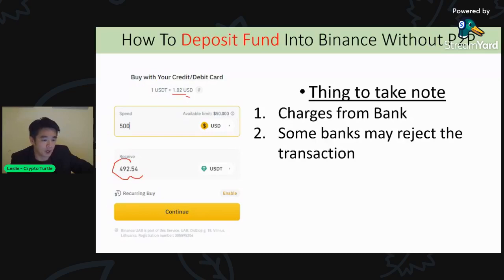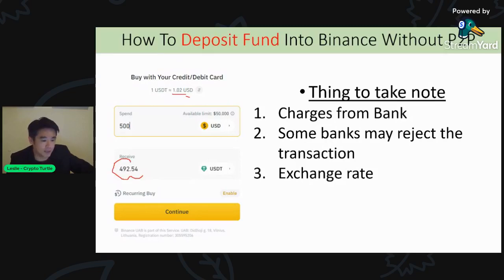Number three, a little bit of the exchange rate as well, because essentially you are buying using US dollars, so you need to take into consideration a little bit of loss on the exchange rate. These are three things to take note of if you want to use this method to get funds into your Binance without P2P, using the credit or debit card.